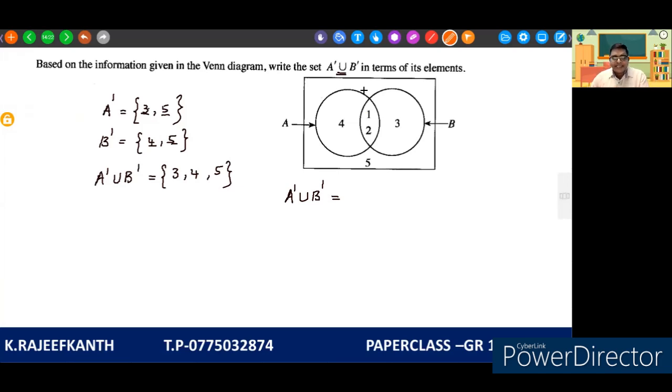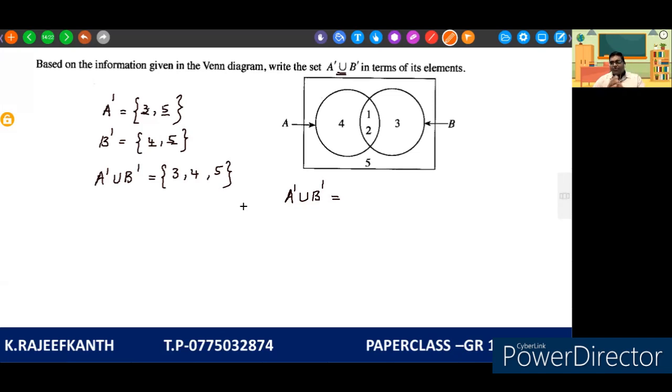Here someone is asking, sir, 3 and 4 are elements of A and B, no? Right, yeah. Because here, first we are taking the elements of A dash, that is 3 and 5. Here we didn't take the elements of A. Then B dash. When we are taking the elements of B dash, we have to write 4 and 5, because we can't take the elements of B only.